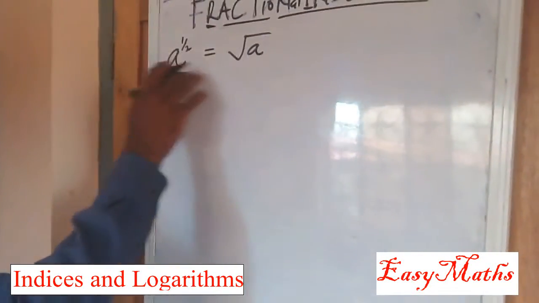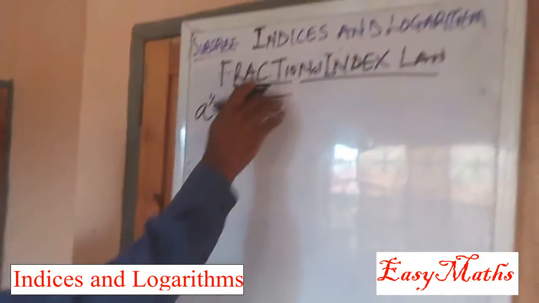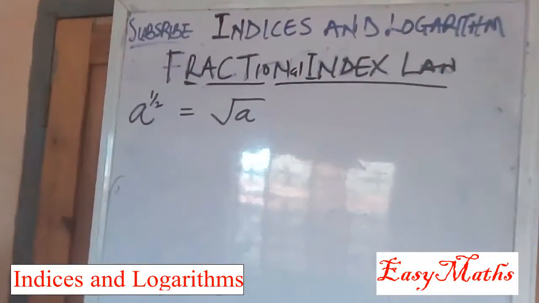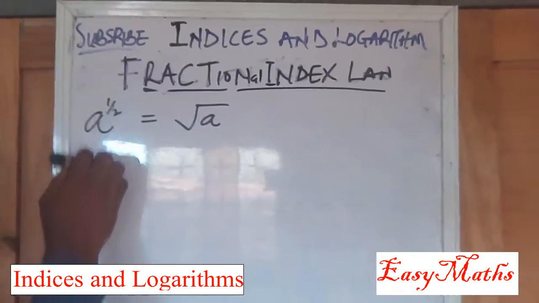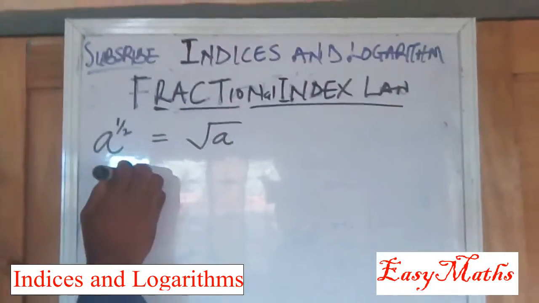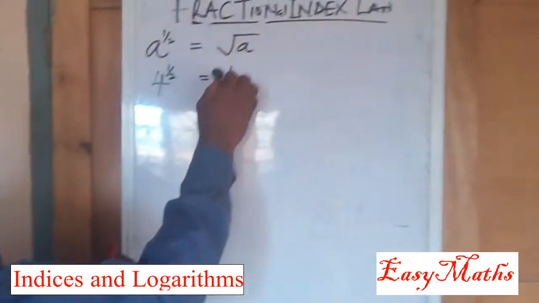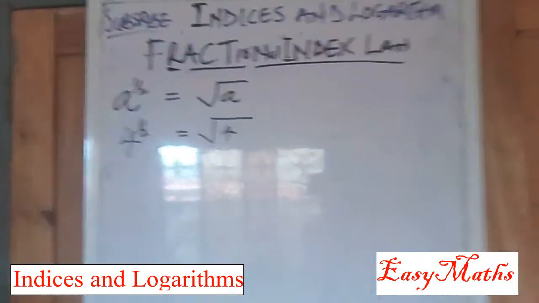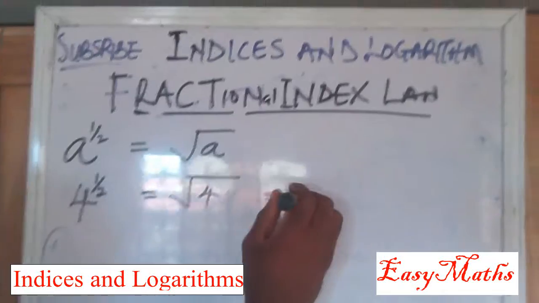So the root number is the number in the denominator here. For example, 4 raised to power of 1 over 2 is the same thing as the square root of 4. And you know that the square root of 4 is 2.